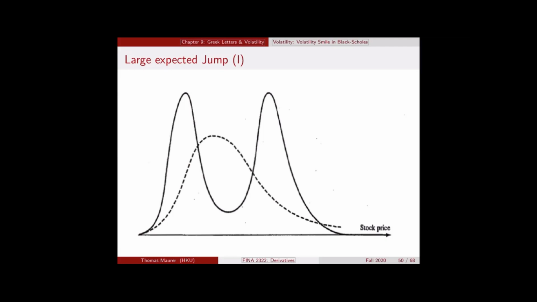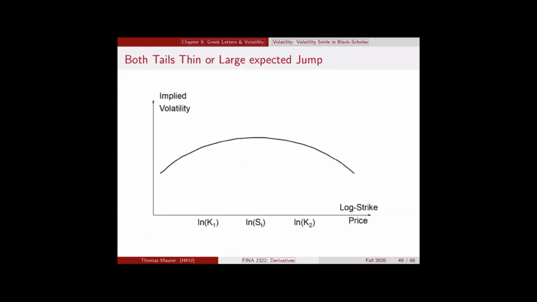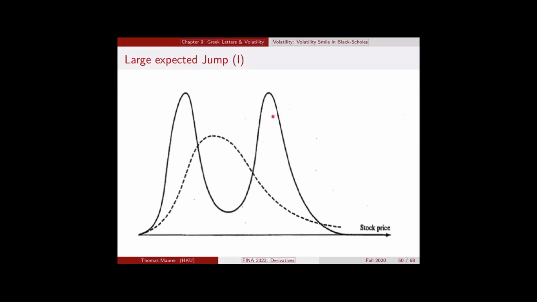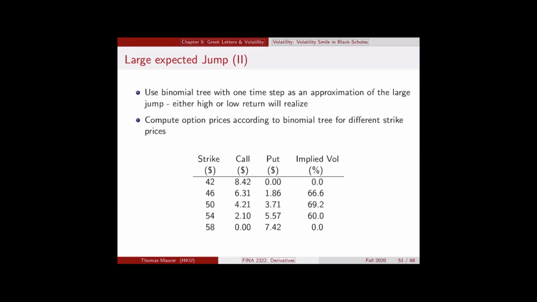So how can I see that this implies this kind of unhappy implied volatility face? Basically what we can do is construct a binomial tree with only one time step, where we either go up in the tree or down in the tree, and the up movement would characterize that average return which is relatively high, and the down movement would characterize the state where we have this low return.